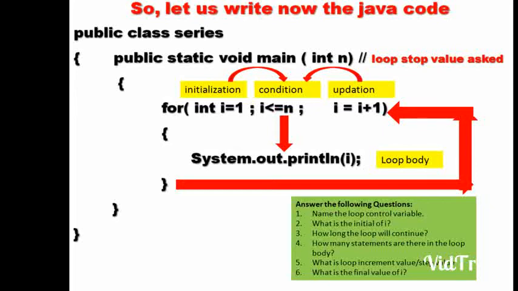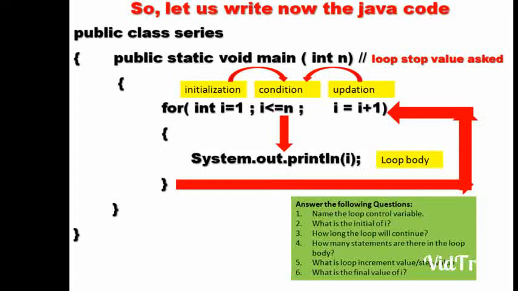And then, as I told you the syntax, for int i is equal to 1. I was printing 1, 2, 3, 4 till n, so my initial value was 1. From here it will go to the condition. Suppose n's value is 5. I want to stop at 5.